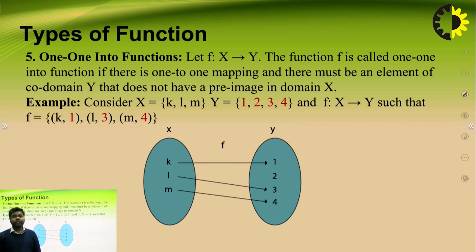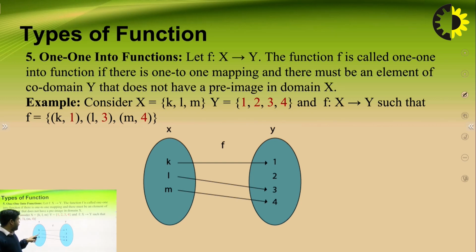Now one-one into function. What is a one-one into function going to tell? That the function should be one-one and it should be into. It means one element is related to another element, and the codomain of the function is not equal to the range of the function. Now I am giving an example.